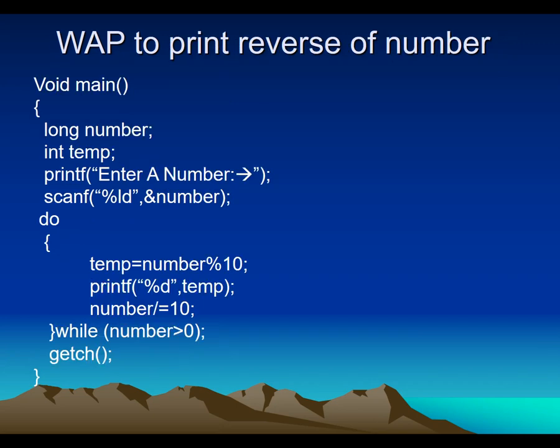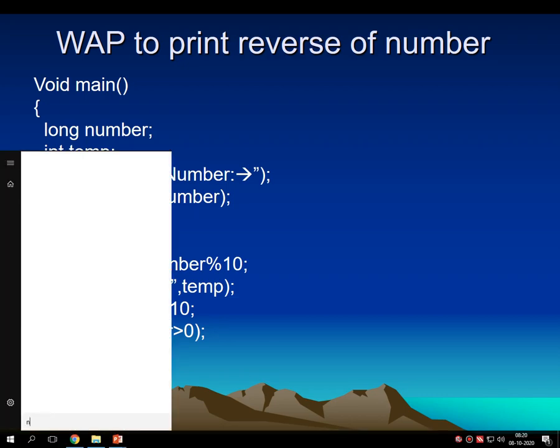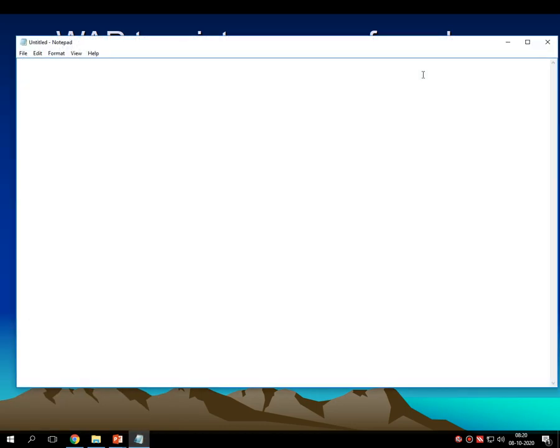The next program is: write a program to print the reverse of a number. Suppose I am entering a number. Say for example my number is 123, then the output would be 321. That is called the reverse of the number.